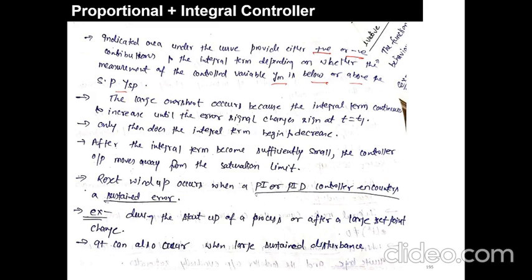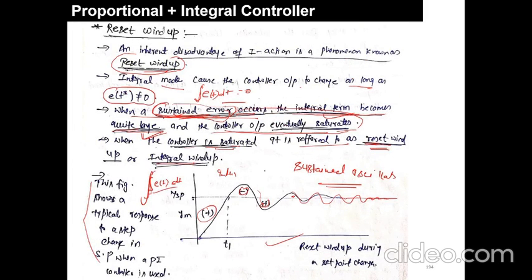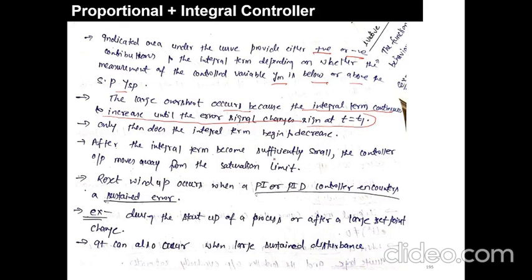The larger overshoot occurs because the integral term continues to increase until the error signal changes sign at t equal to t1. The larger overshoot and undershoot will come, and therefore this is a quite large value due to this overshoot or undershoot.